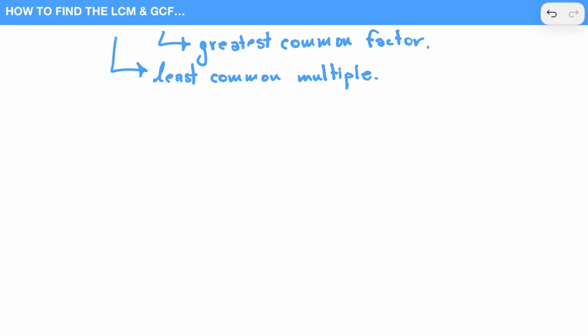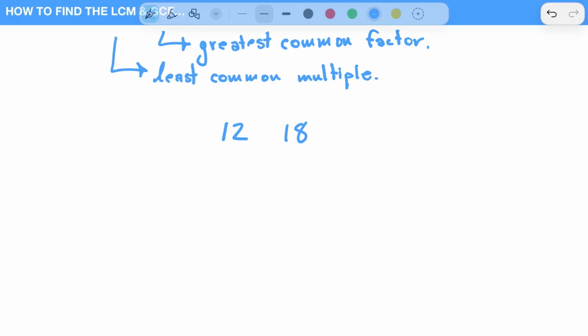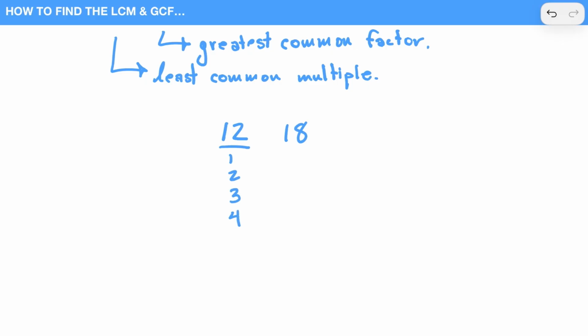Consider the numbers 12 and 18. Let's find their greatest common factor first. First, we need to list the factors of 12 and 18. That seems fairly intuitive. The factors of 12 are 1, 2, 3, 4, 6, and 12.